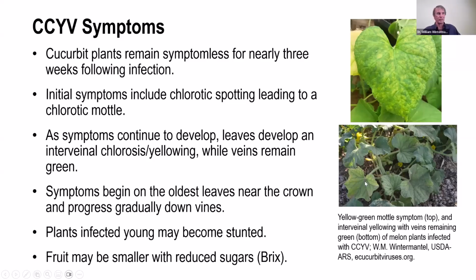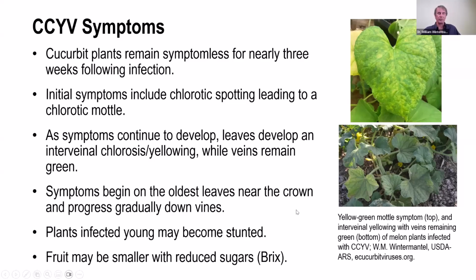This is very characteristic. The symptoms begin near the crown of the plant, as Scott just mentioned for the plant that he showed with the co-infection, and also spread down the vines, much like CYSTV. So you see this gradual progression over time of this yellowing spreading from the crown toward the vine ends on a melon, a watermelon, or any other kind of cucurbit plant.